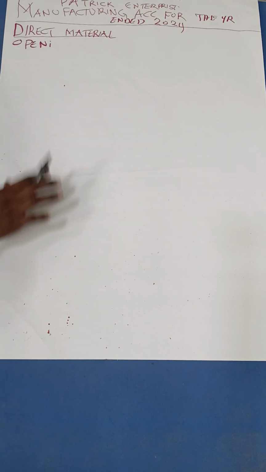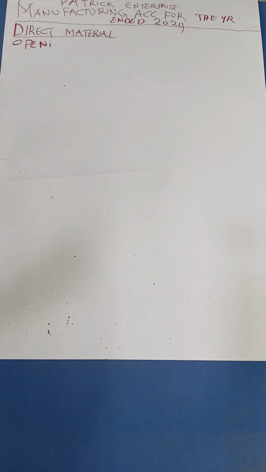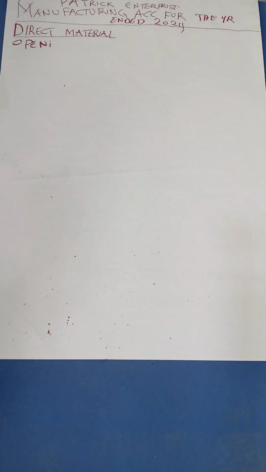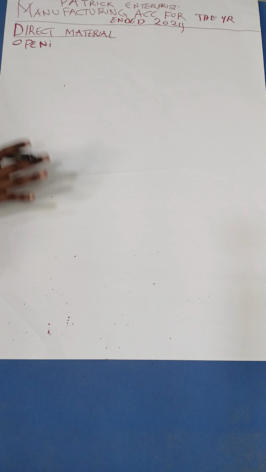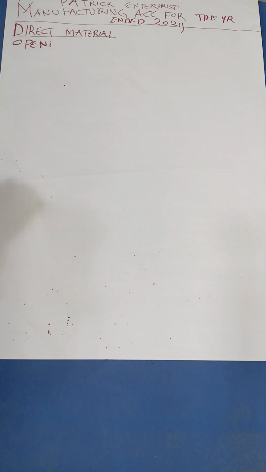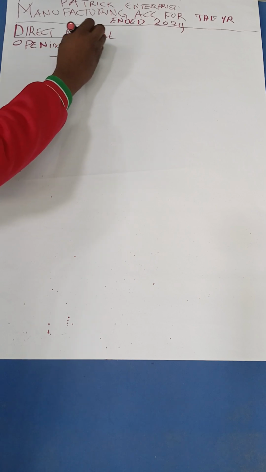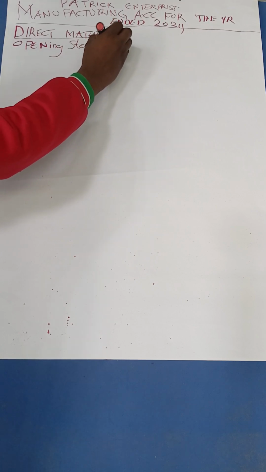We want to manufacture, and if you are manufacturing something, you have to have materials. So this is very different compared to what we were doing in the sole proprietorship, when you are preparing the income final account. But for the companies, we start with the opening stock of raw material. So right here, opening stock. You can add here for raw material.